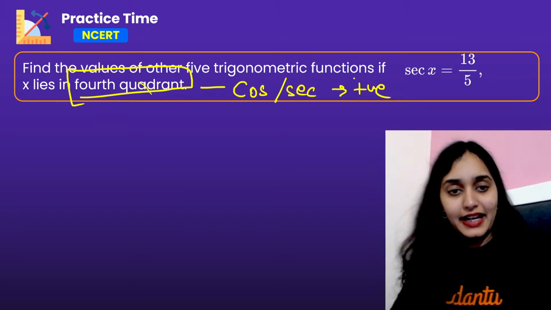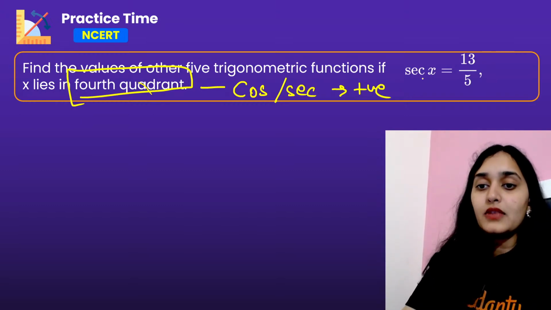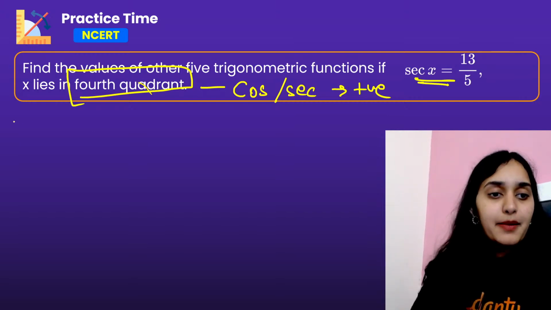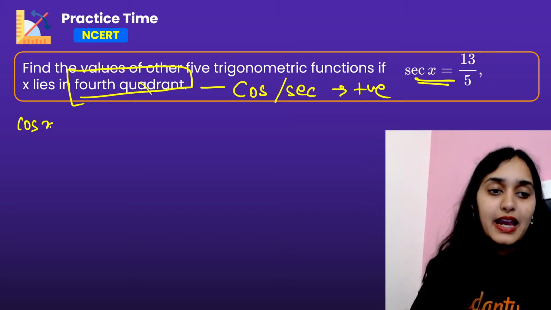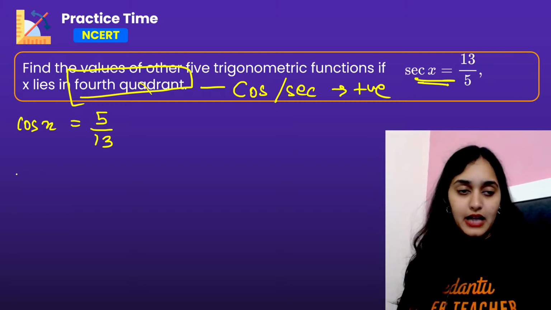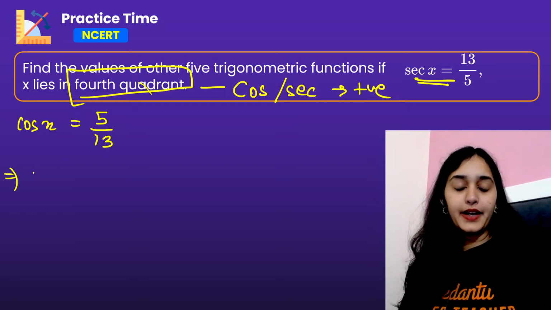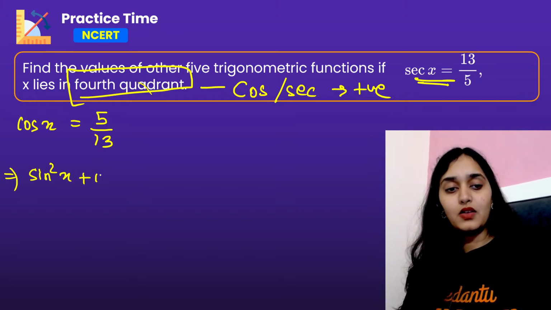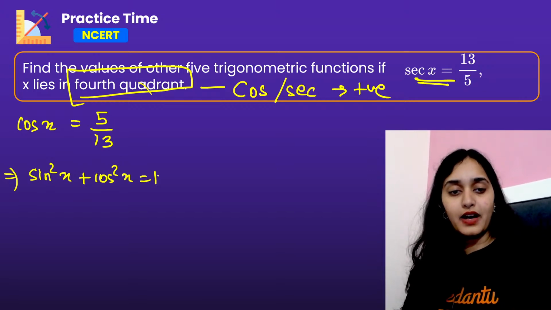Remaining are negative. First of all, secant of x is 13 upon 5, so cos x is 5 upon 13. Now, we know that sine square x plus cos square x is 1.